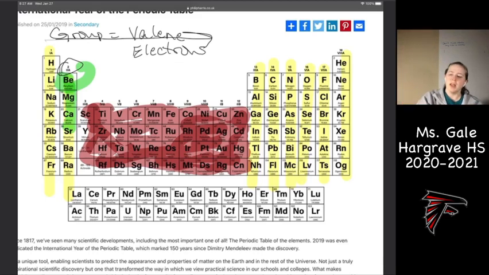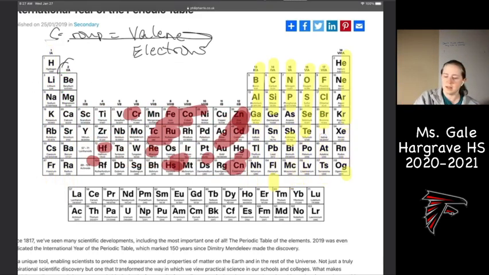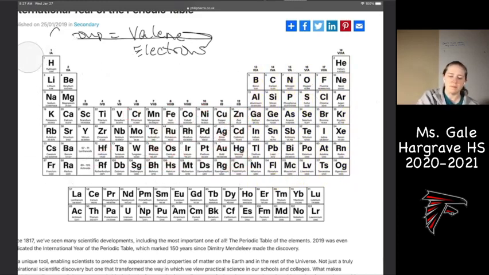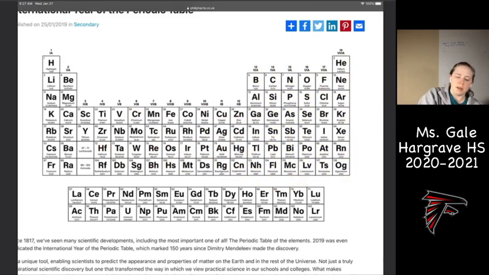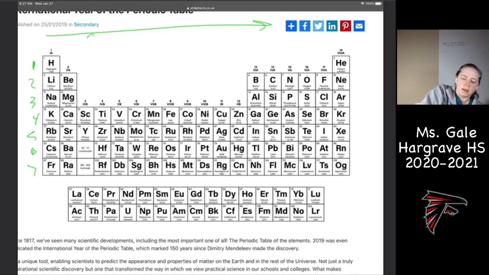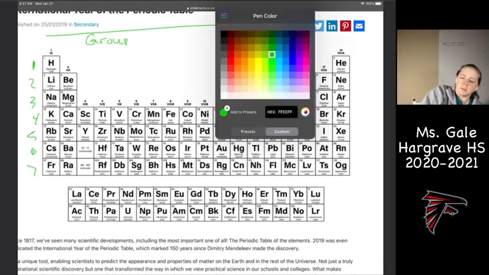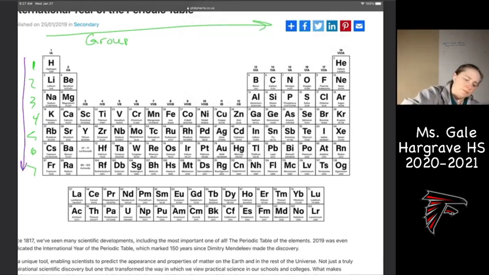There we go. Let's go with this one. Periodic table, and I will clear this out and draw on this for a second. So helium, this is period 1, 2, 3, 4, 5, 6, and 7. My groups go this way and periods go this way.